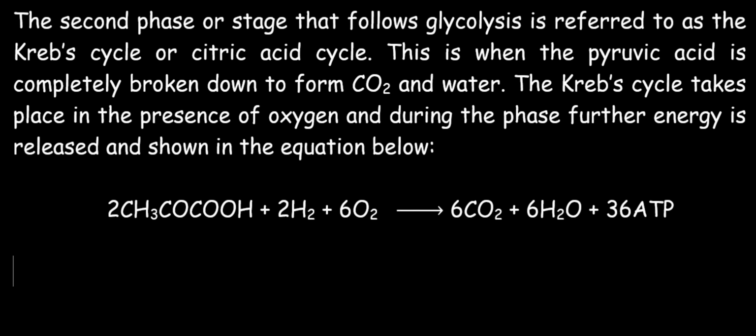In this equation, we see that the two molecules of pyruvic acid produced in the stage of glycolysis are oxidized by 6 molecules of oxygen to produce 6 molecules of carbon dioxide and 6 molecules of water, with energy released in the form of ATP, that is adenosine triphosphate.